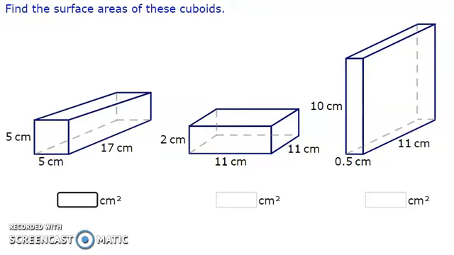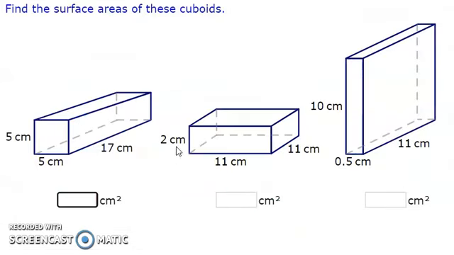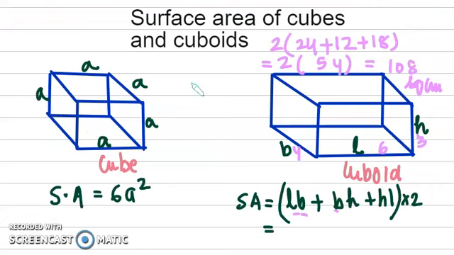What was the formula that I gave you in the beginning? The formula was LB, BH, HL, and we will use this formula. So I am going to do that.